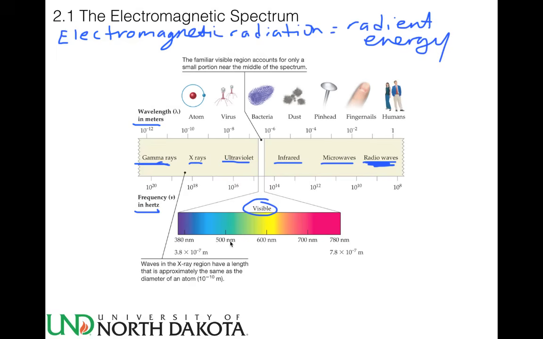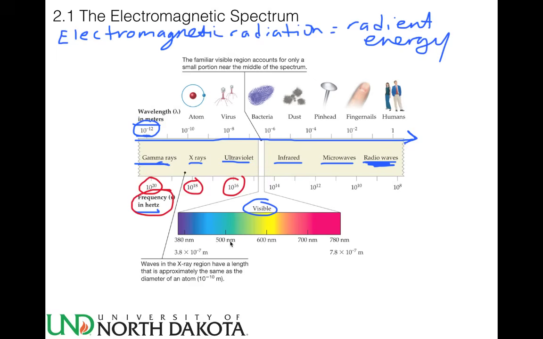Now we can see, looking at this chart, that the wavelength shown in meters, which is the number here on the top, is increasing going from left to right. Another way to describe waves is based on their frequency. The frequency is shown in the number that is below the chart here.